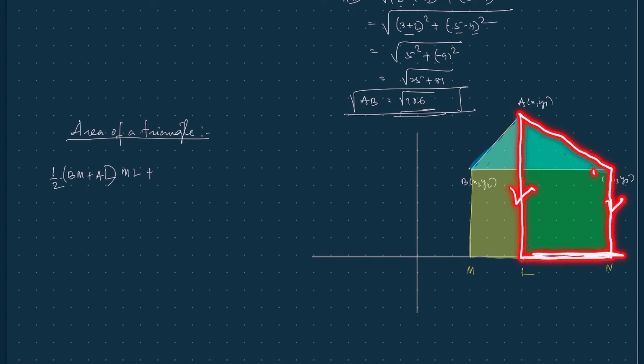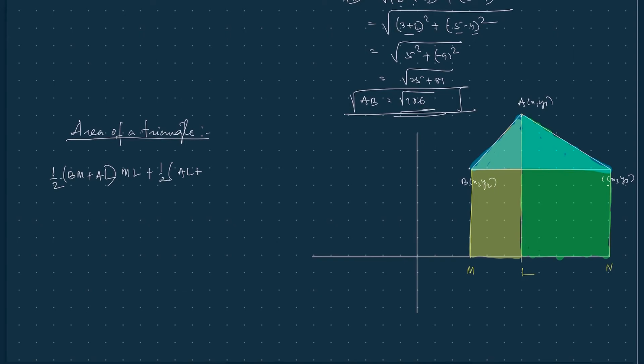So now I can write half into (AL plus CN) into LN, minus this other trapezium. Here it seems like a rectangle, but sometimes it will be a trapezium, so I can subtract the trapezium from here.